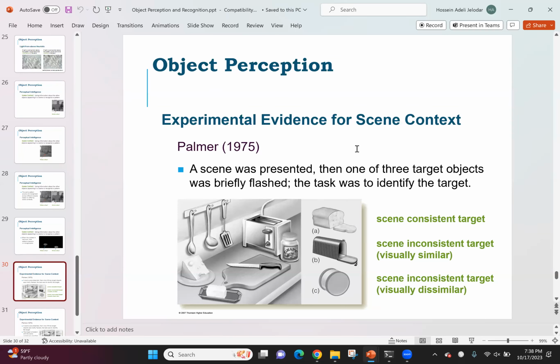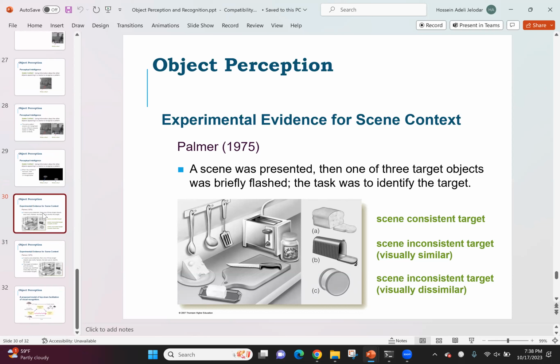An experiment that people have done to talk about the effect of seeing context is one of these rapid presentation experiments, where you could flash a scene, like this one, and let people study it. It looks like a kitchen counter with kitchen-related stuff and bread-related stuff.